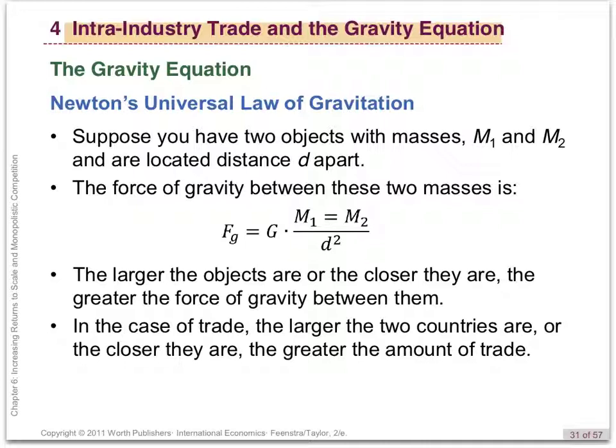Usually we have two objects, object 1 and 2, and two masses, and the force between them is proportional to their mass and inversely proportional to their distance. So this is like a gravity equation, and we apply that to international trade.